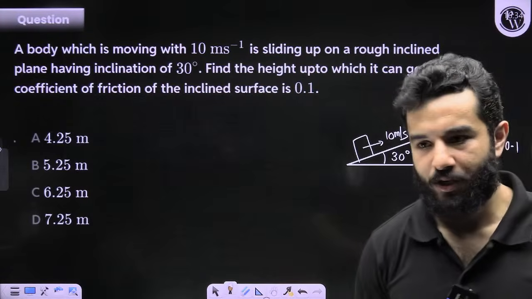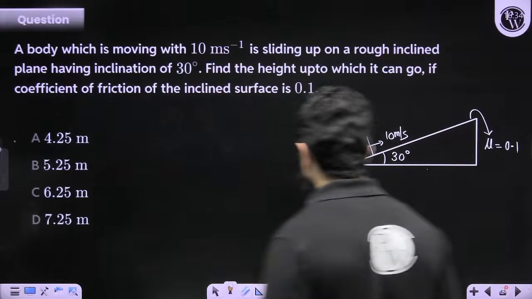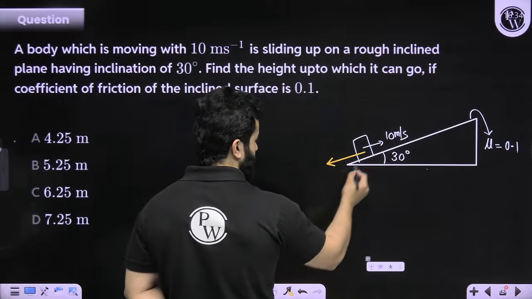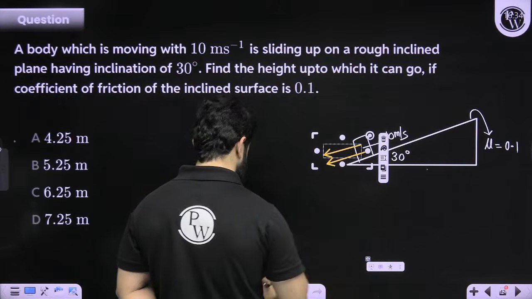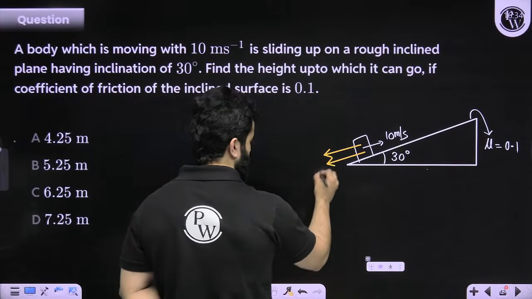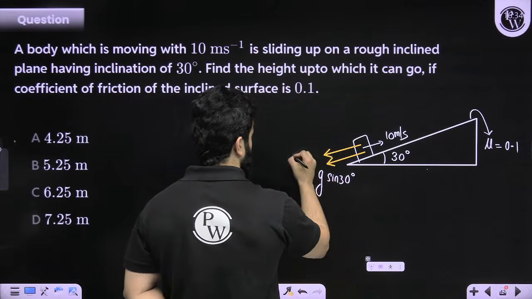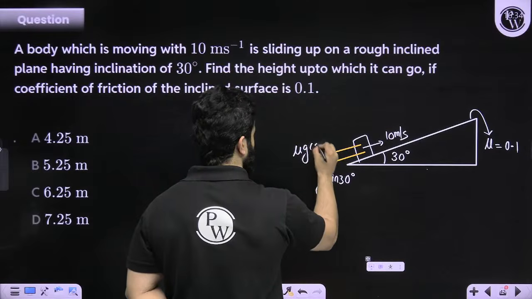Find out the net acceleration. Mg sine theta will act downwards and the friction force will also act downwards. So g sine 30 and mu g cos 30.